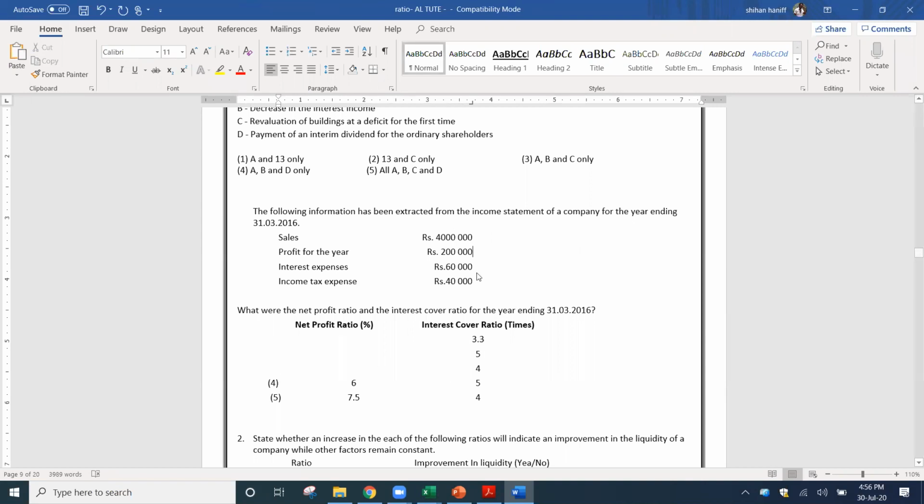How do we calculate net profit ratio? Net profit ratio equals net profit over sales into 100. Okay. So here the net profit is, profit for the year is net profit. Divide by sales, which is 4,000.